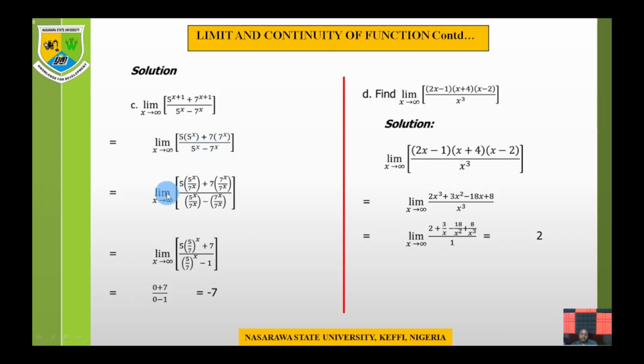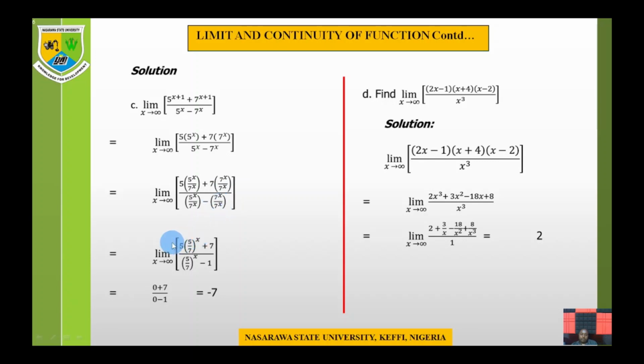In the next step, we are going to divide both the numerator and the denominator by 7 raised to power x. So 5 times 5 raised to power x divided by 7 raised to power x plus 7 times 7 raised to power x divided by 7 raised to power x, all over 5 raised to power x divided by 7 raised to power x minus 7 raised to power x divided by 7 raised to power x.